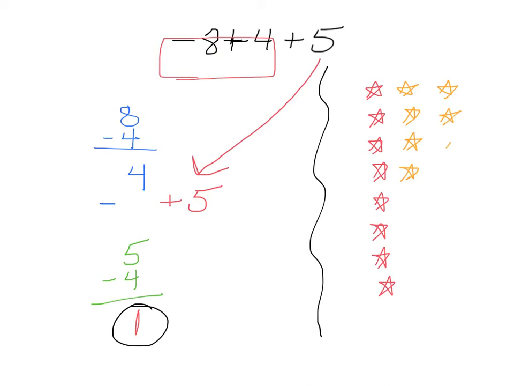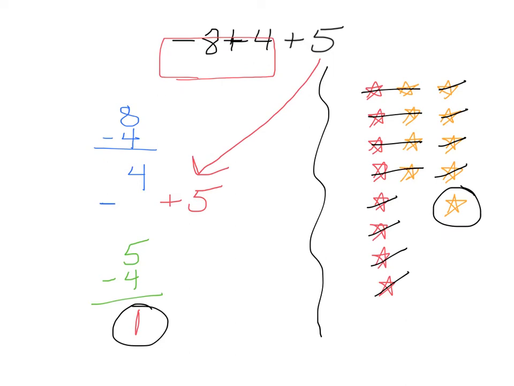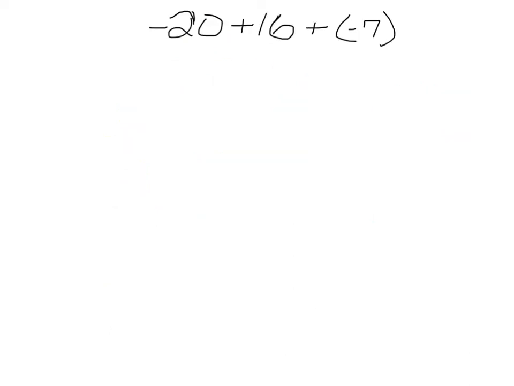Then we would have a group of 5 of them. And now we just cancel. Gone, gone, gone, gone. We're left with 1 yellow, which is a positive 1, which is the same thing we got when we used the absolute value method.